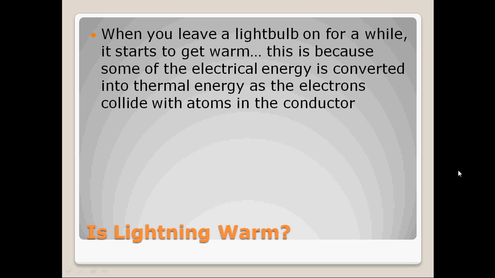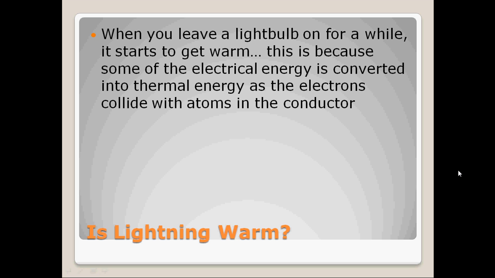But let's face it, in our filaments in the light bulb, we've got a bunch of atoms that are kind of just sitting there in the way. So as our free electrons try to push their way through, thereby forming this current, they're constantly running into these atoms. You can almost think of it as there's some sort of friction along that current path.